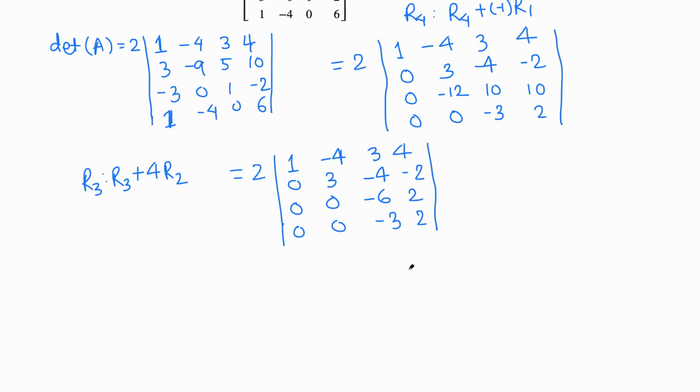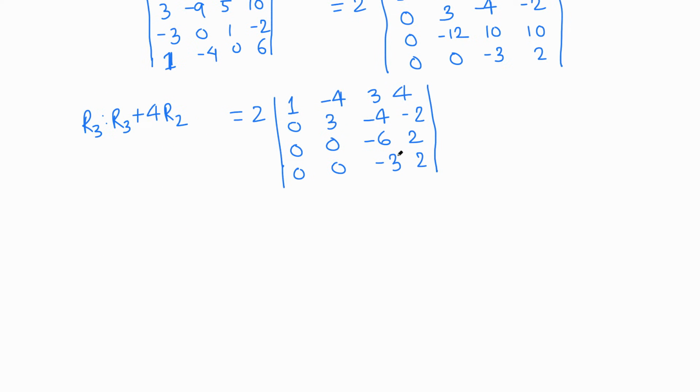Okay, we are almost there. As soon as we make this element 0, then we have an upper triangular matrix determinant. To make this 0, we need to use this row. With -6 and 2, we can factor something out from R4.